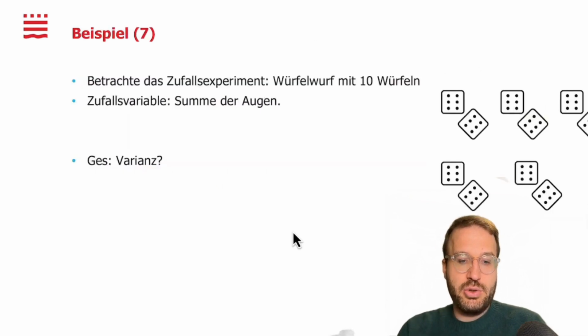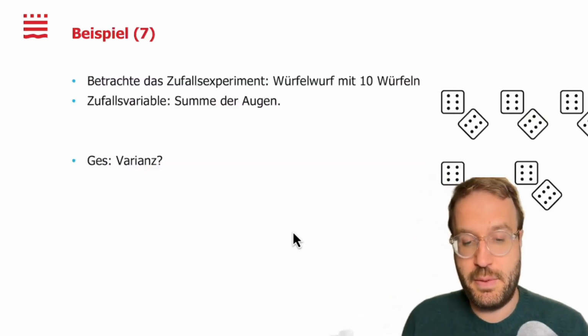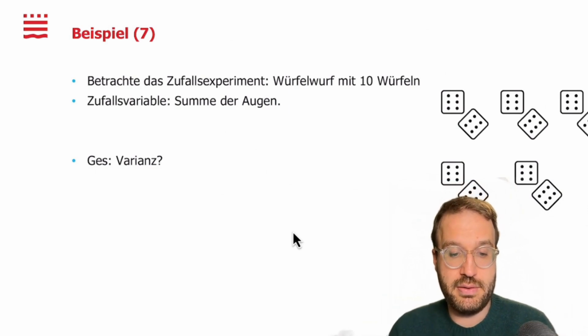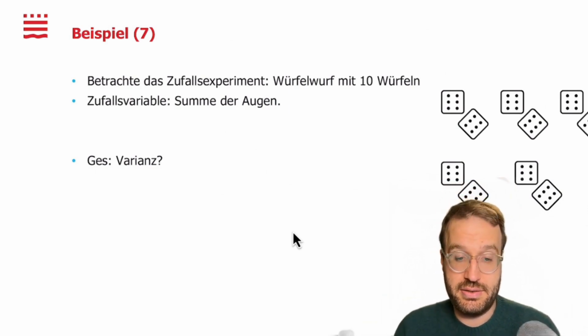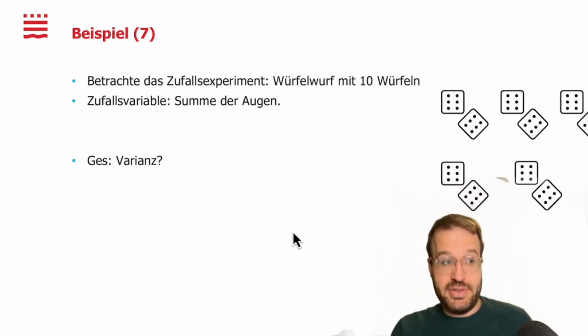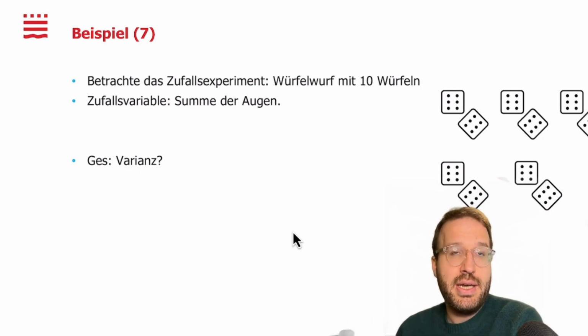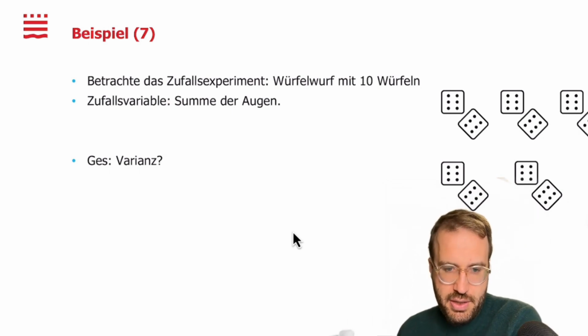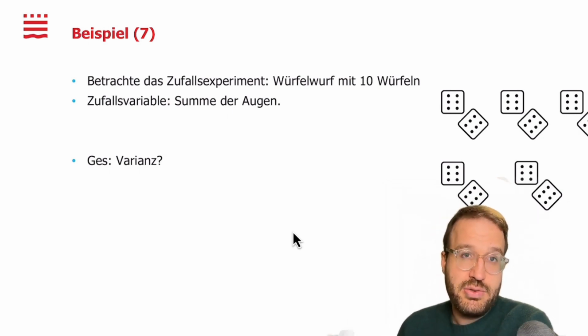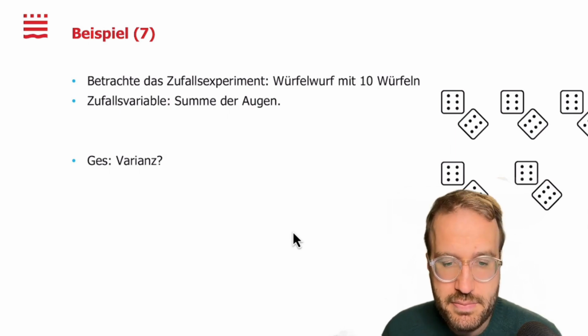And now we can look at the experiment, which is the roll of 10 dice. You remember, in the previous video we looked at a die and multiplied it by a factor of 10, and we saw that the variance is simply 100 times the variance of a die roll. Now we want to consider what happens when we have 10 dice.